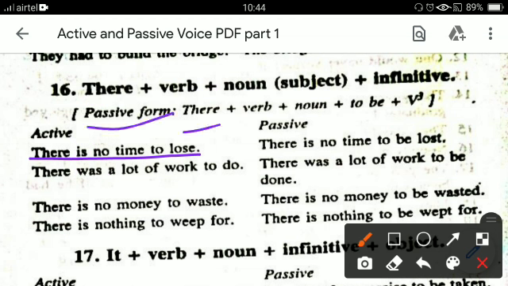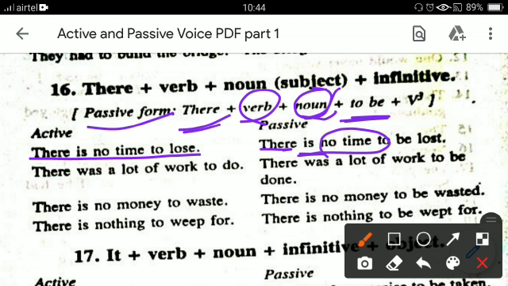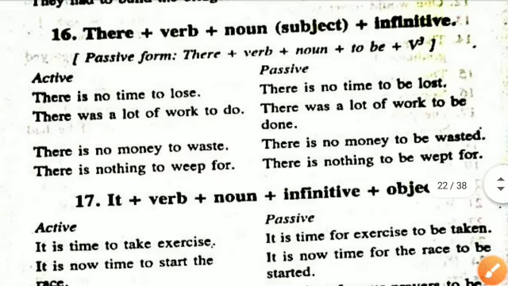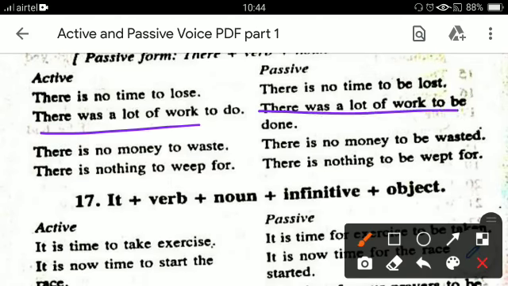Passive formula: you can see there is, there, verb is, and no time is considered as the noun. Then to be, and then lost, the verb's third form. So there is no time to lose, there is no time to be lost. In the same manner, there was a lot of work to do, there was a lot of work to be done.